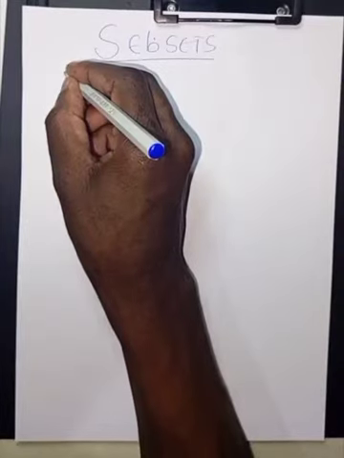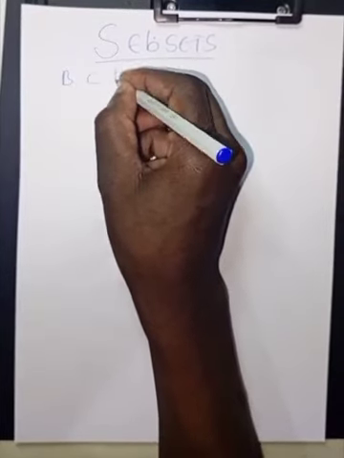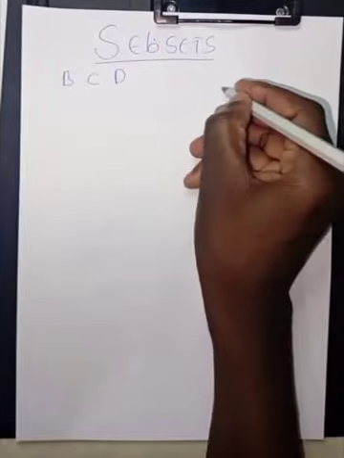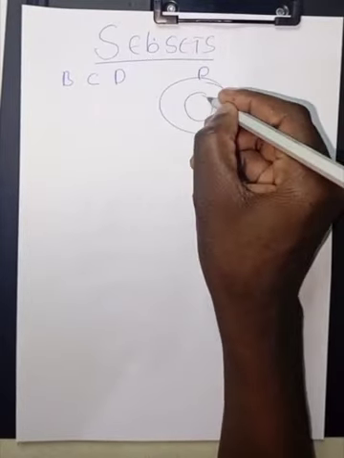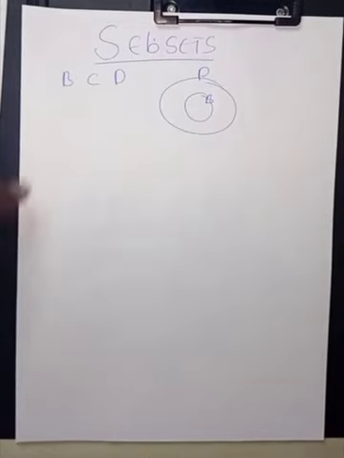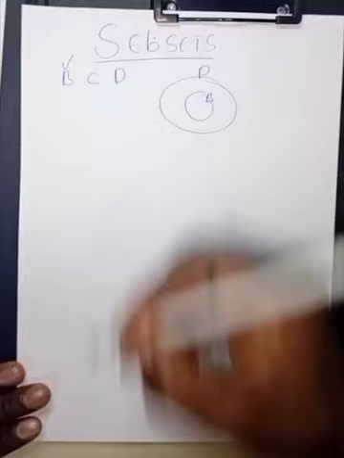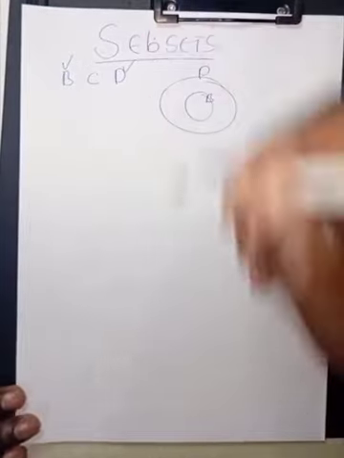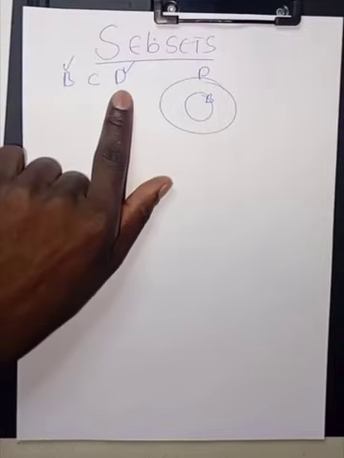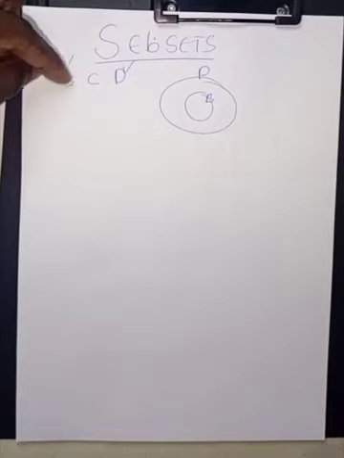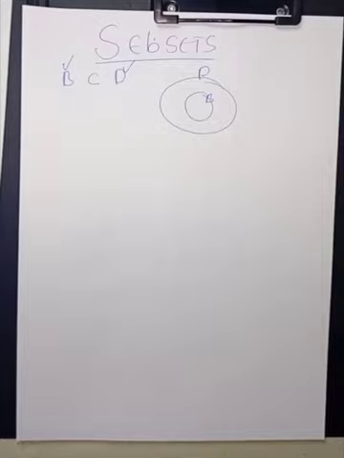If I say B is a subset of D, what I mean here, if I were to draw the diagram, is this way. If this is my D, then this will be our B. Meaning the first set is the minor set, the second set is the major set. So B is the one which is inside set D. So, a set within another set.